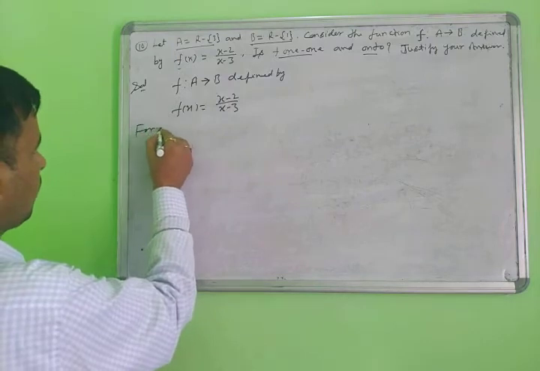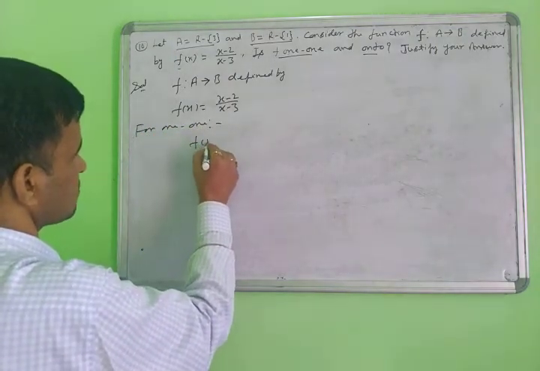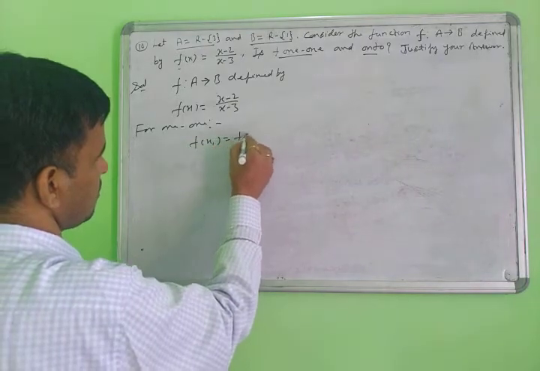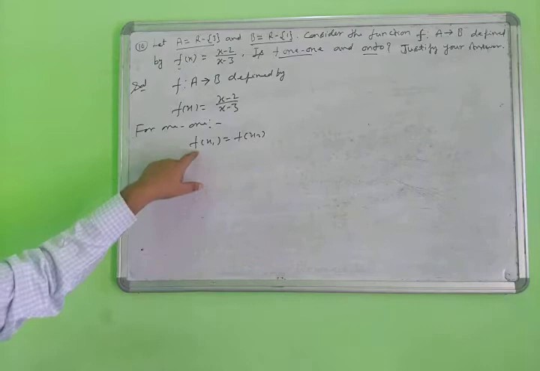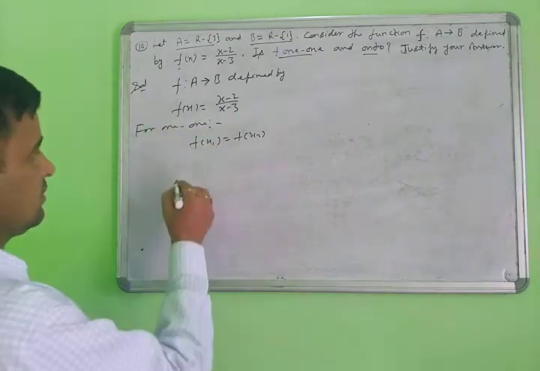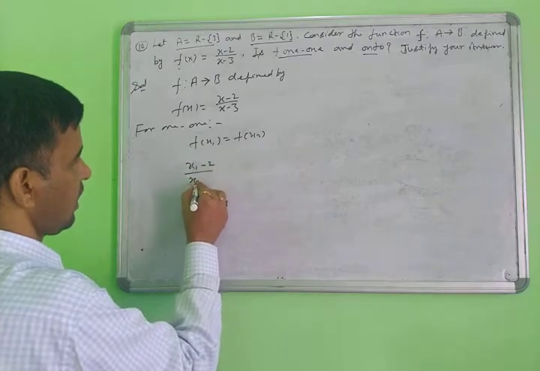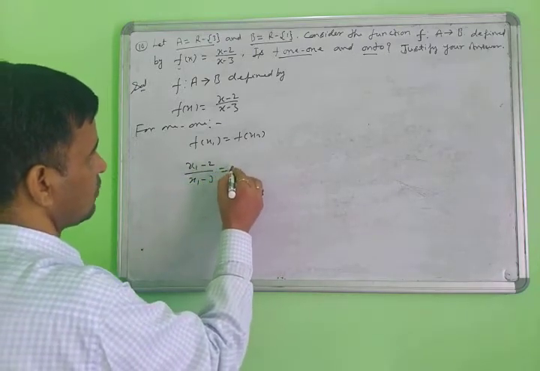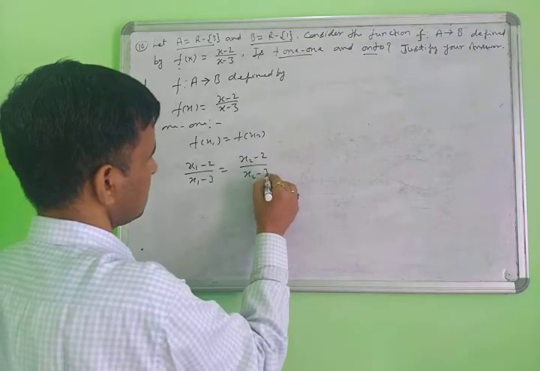For 1-1, take f(x1) equal to f(x2) in this way. Does this value come the same or not? So suppose (x1 minus 2) upon (x1 minus 3) equals (x2 minus 2) upon (x2 minus 3).